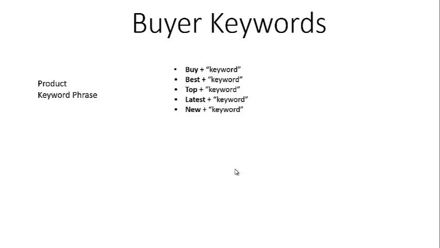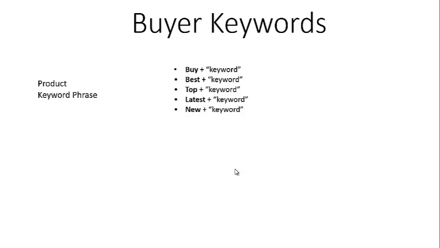The first thing to do is to analyze keywords. I've got a list of words that, when typed into Google with your keyword, pose a buyer intent. Somebody's looking to make a purchase at the end of their search.